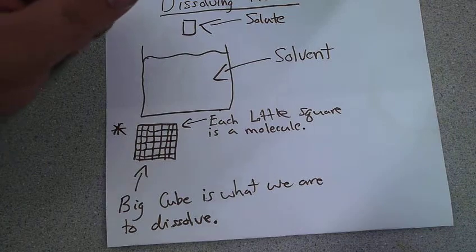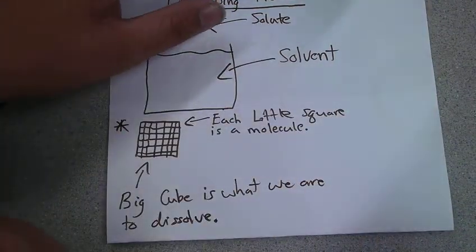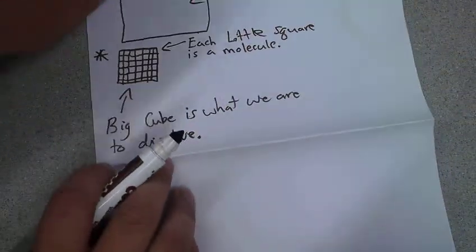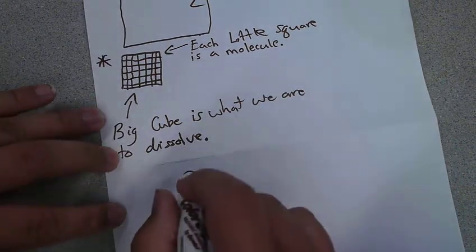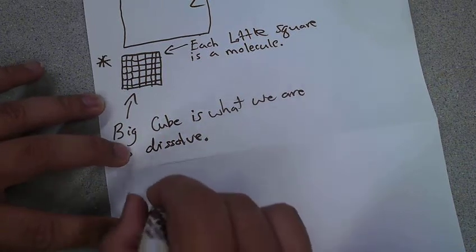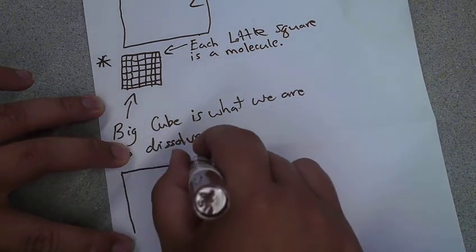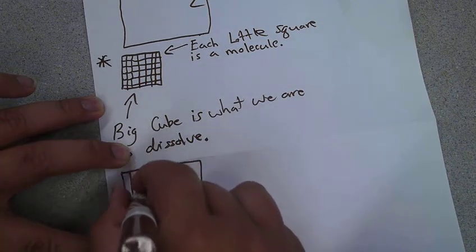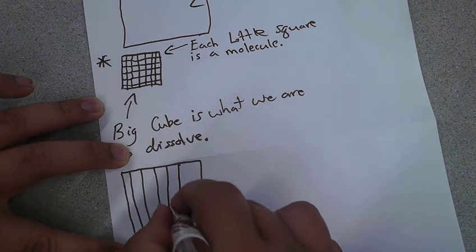So when we put this giant clump of molecules in that solvent, what's going to happen? Is it going to dissolve? And if so, why? We're going to say that it is going to dissolve, and the reason is because of the molecules of water. Let's redraw our big cube down here now that it's all nice and labeled.